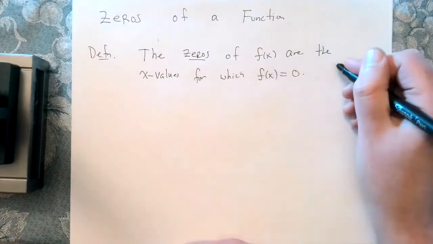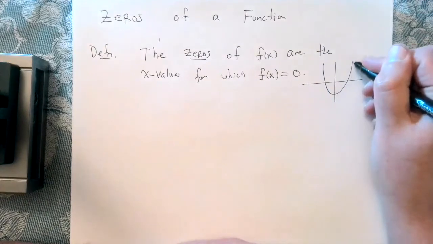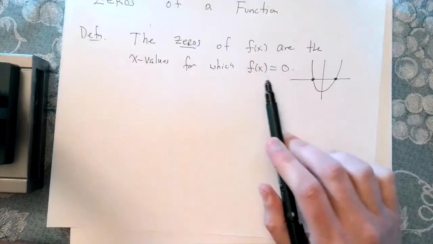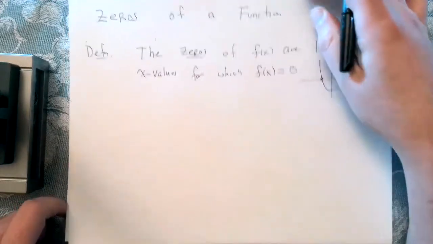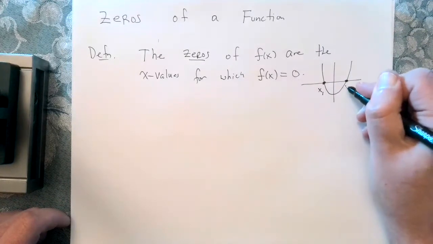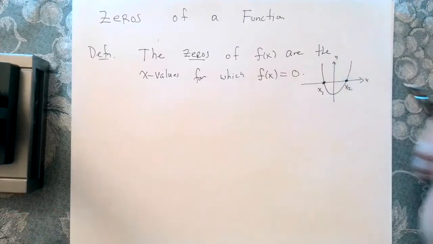So for example, if I had this graph, these would be the zeros. These are the x values that produce an output or a y value of 0. Okay, so in this case, I would say that x1 is a 0 and x2 is a 0. Again, why is that?